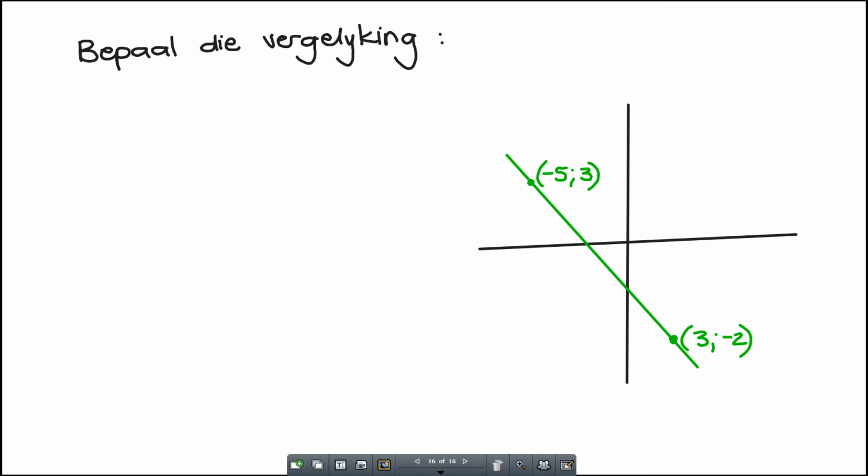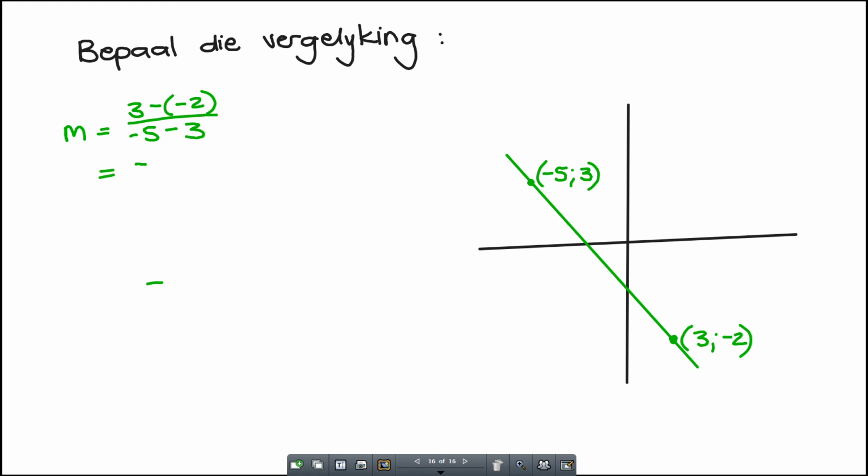Right, so step 1, we need what? Die gradiënt. So gradiënt gaan wees verskil in y, 3 minus 2, difference in x, minus 5, minus 3.